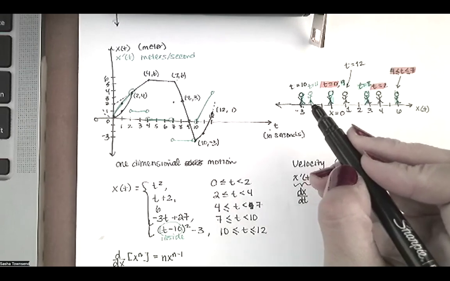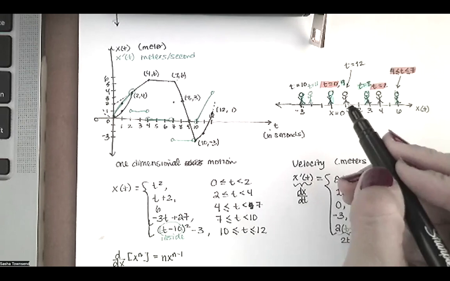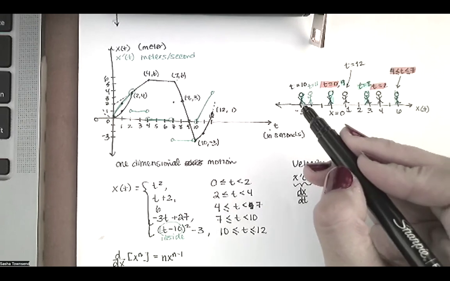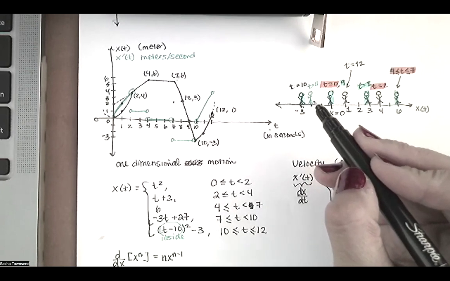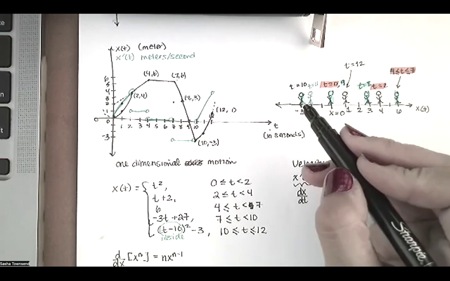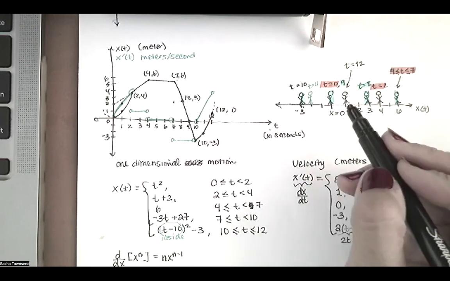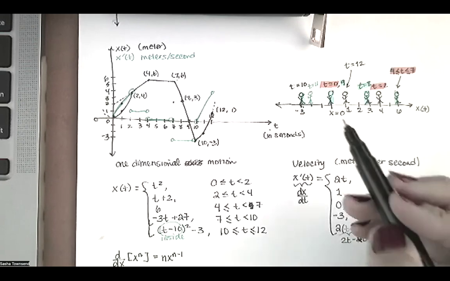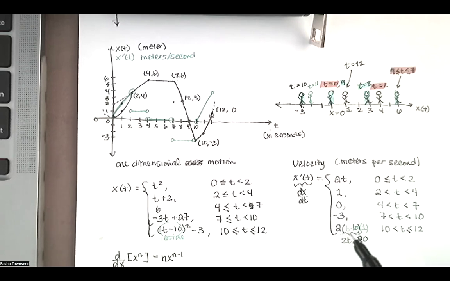So it goes from here to here in 1 second, and then from here to here in another second. He goes 1 unit in 1 second, and then he goes 3 units in 1 second. And that change in the velocity is described by this 2 times the quantity t minus 10, or if we distribute, 2t minus 20.